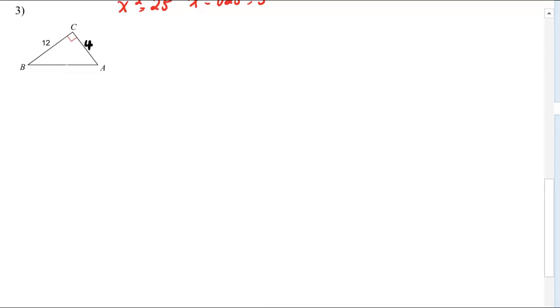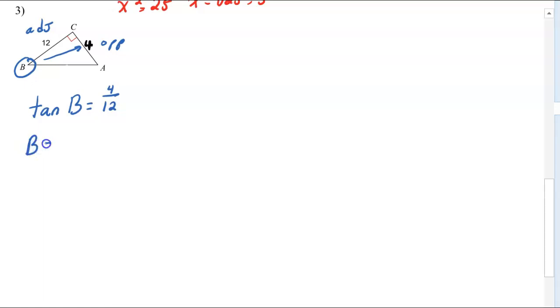It doesn't matter if you solve for A or B first. I'll just circle B again. We know 4 is the opposite since it is across, and 12 is the adjacent. This time we're going to want to use tangent because tangent involves the opposite and adjacent. So the tangent of B is equal to 4 over 12.